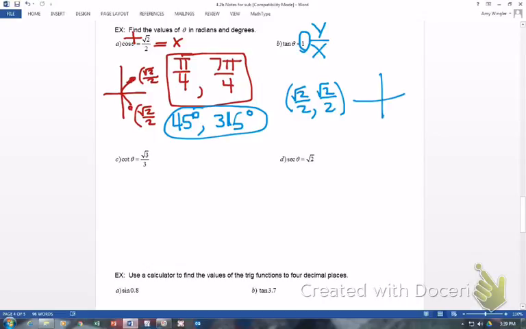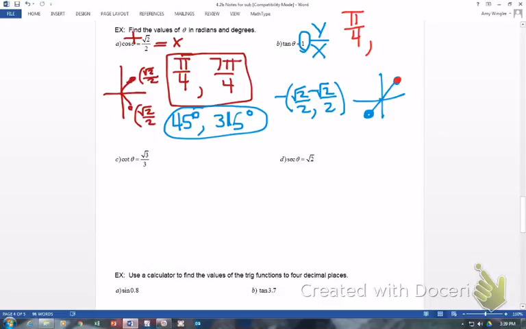Well, that's got to be right here in quadrant 1, or if they're both negative, it's got to be right here in quadrant 3, because negative radical 2 over 2 over negative radical 2 over 2 would also reduce to 1. So that means our value for theta right here is pi over 4.